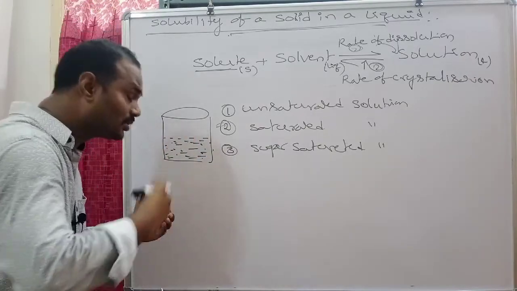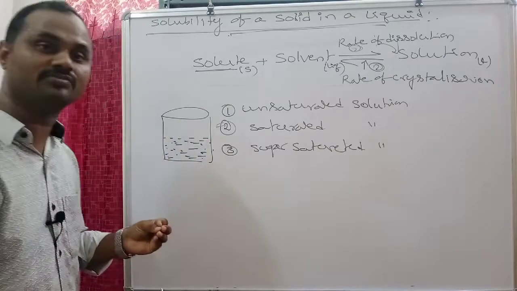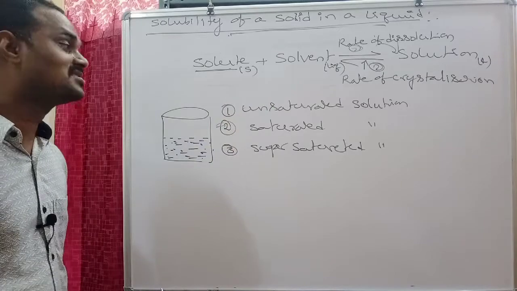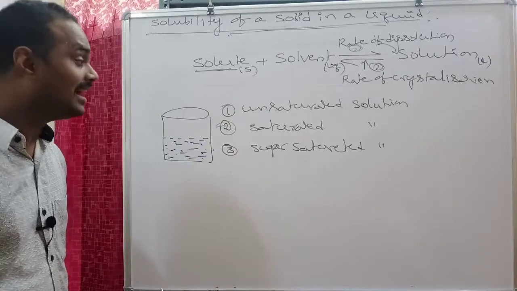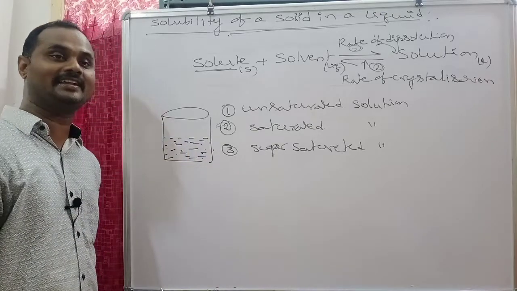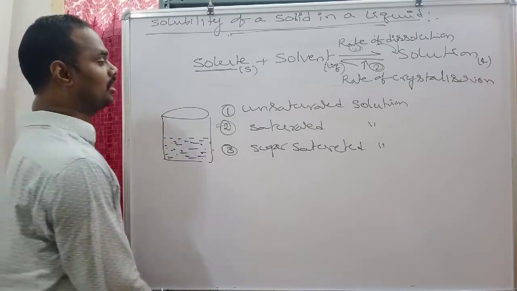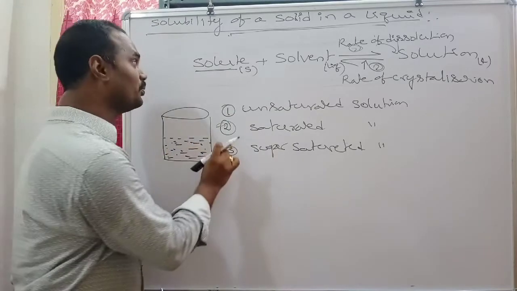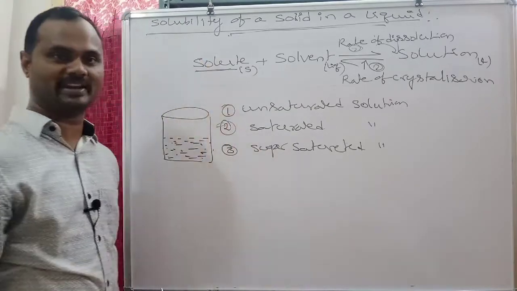If that solution does not take any further solute, such a solution we call a saturated solution. How much solute is present in 100 grams of solvent in a saturated solution, that we call solubility. But this solubility we can check only at constant temperature.